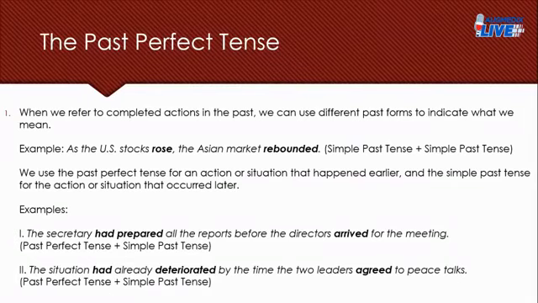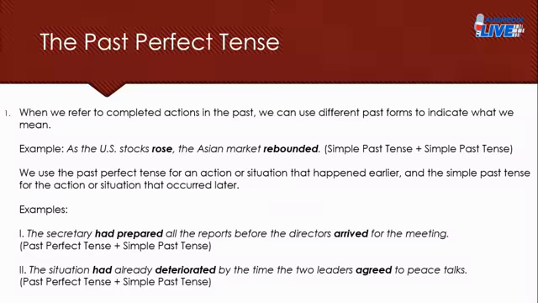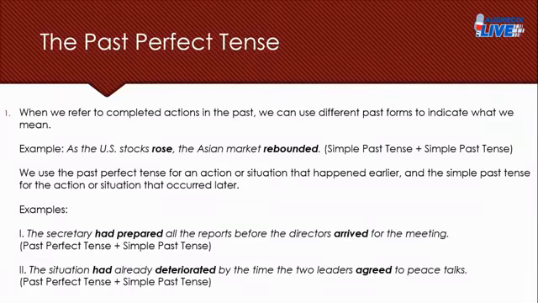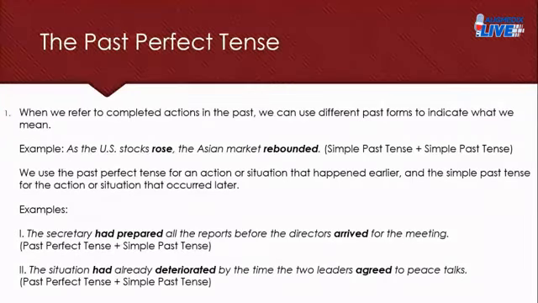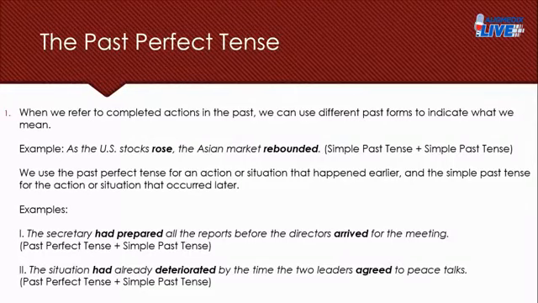Here, the first event is explained in the past perfect tense, and the following event in the simple past tense. So the secretary's preparing the reports took place before the directors arrived for the meeting, right?